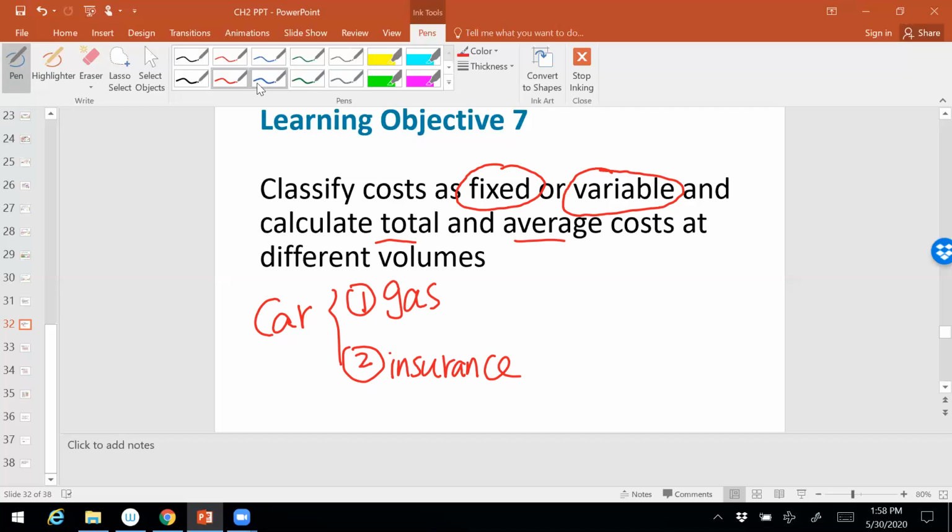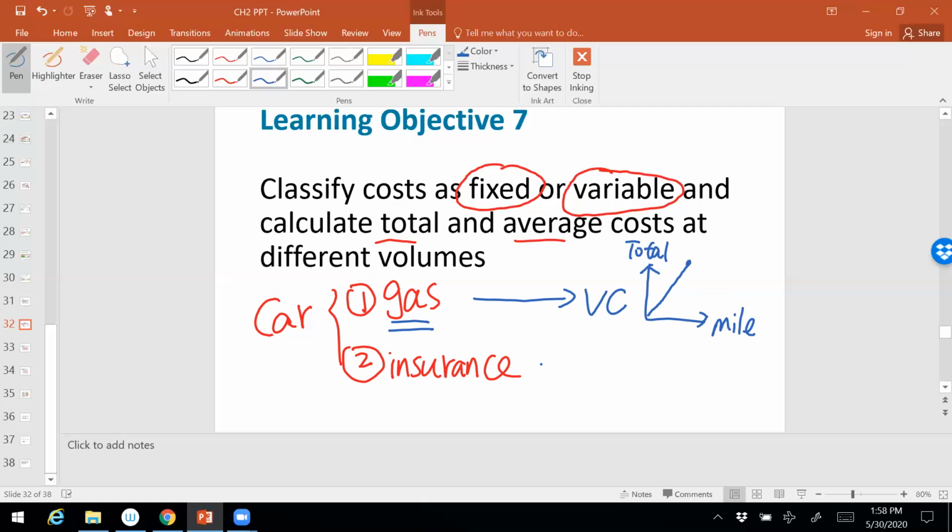I think most of you will guess it should be variable cost for the gas. Why? Because the more you drive, the more gas you have to put in. So basically, your total variable cost will increase when you have more miles.